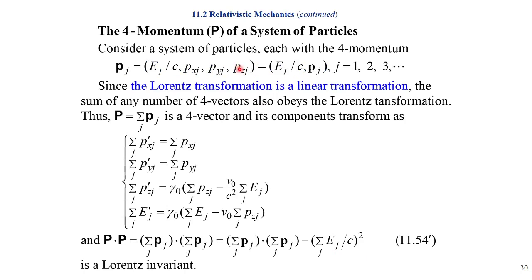Now, we just consider a system of one particle. If we consider a system of many particles, not just one, what should we do?